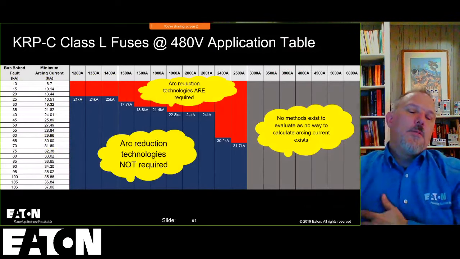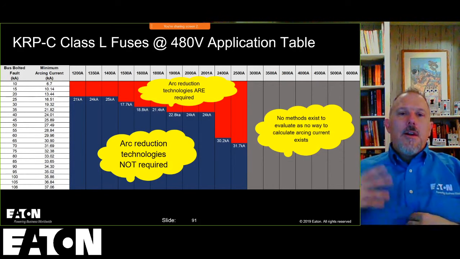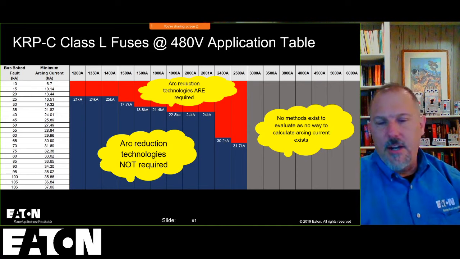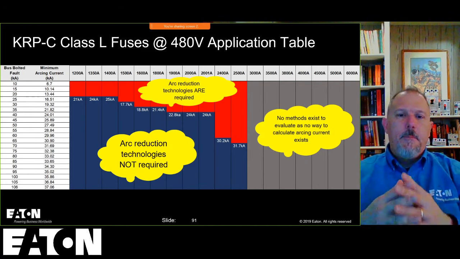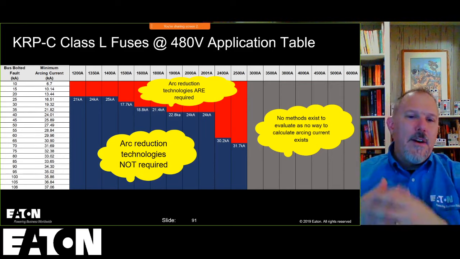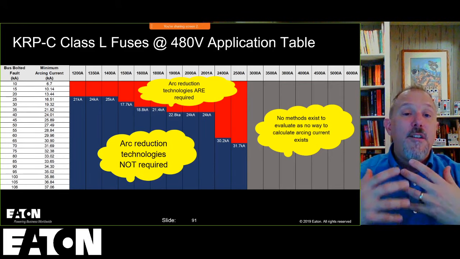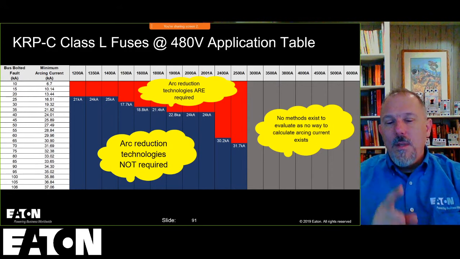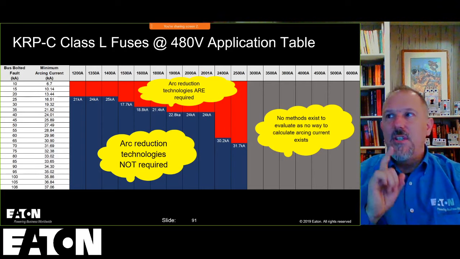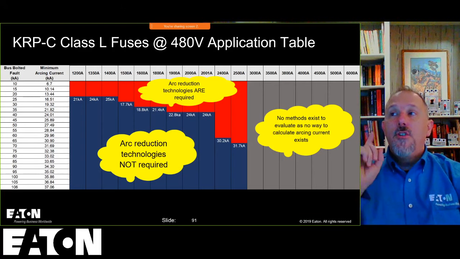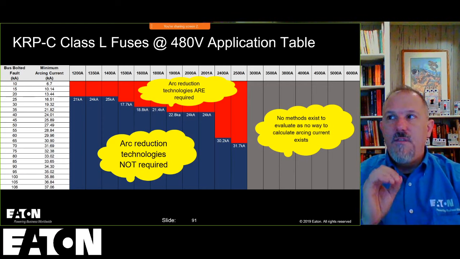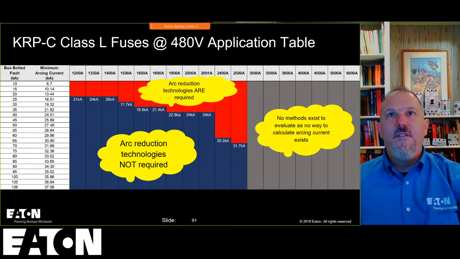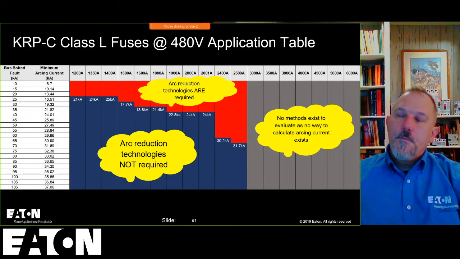So what we did was we created a tool for everybody, an online tool that can be used on your phone or online. It's an arcing current calculator, and we compared all of our fuses, 1200 amps and above. So if I have 150,000 amps on a 1200 amp fuse, I know that it only takes 21,000 amps of bolted fault current for me to be in the 0.07 second clearing time or faster.